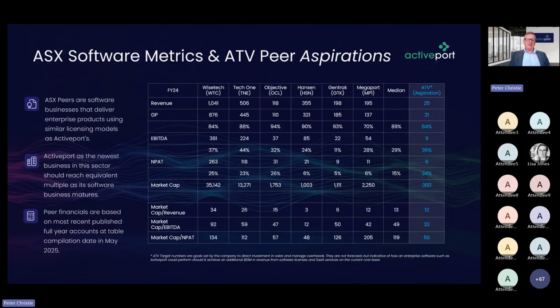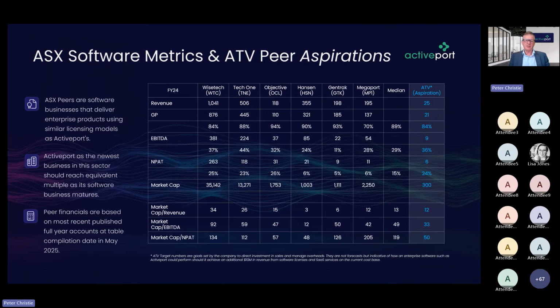I've put this slide in here as what I call peer aspirations. And before people shout at me on Hot Copper about how we're not comparable to these businesses because of our size, that's not the point of this slide. The point of this slide is to provide investors with a guide as to the nature of our business.